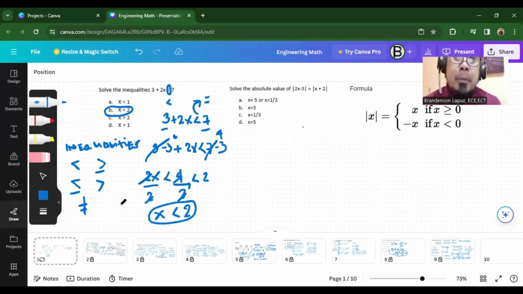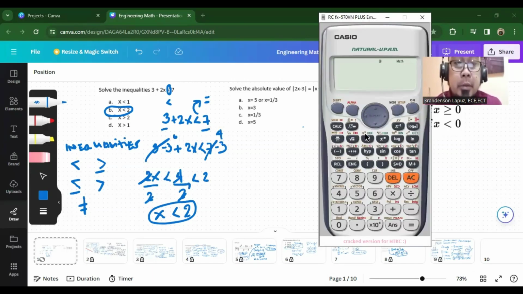Do you have any questions here? If not, I will show you how to calculate it using the calculator. We have here a calculator. Let's make sure that this one is in degree mode. If you were given a problem like this, in our calculator we don't have greater than, not equal, less than or equal, or less than signs. So what we are going to do is use the imaginary equal sign.